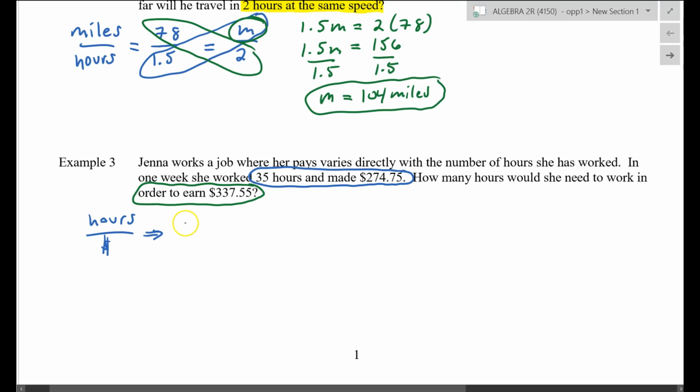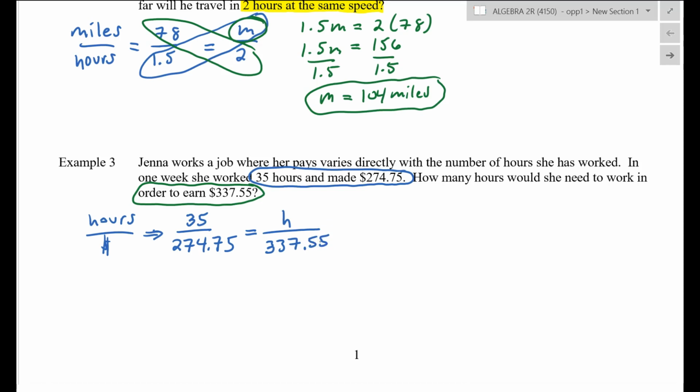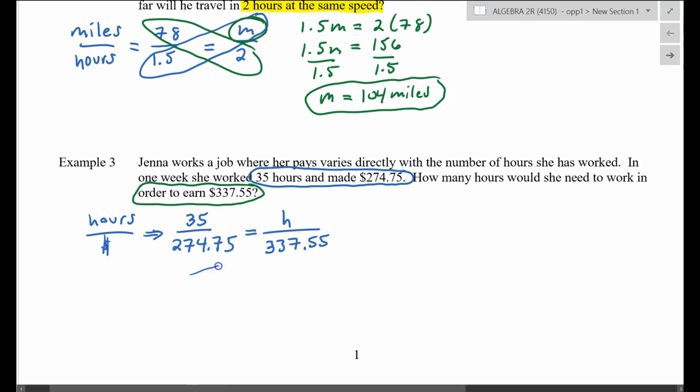All right, so Jenna works 35 hours, gets paid $274.75. So how many hours does she have to work to get paid that? And again, we cross multiply.